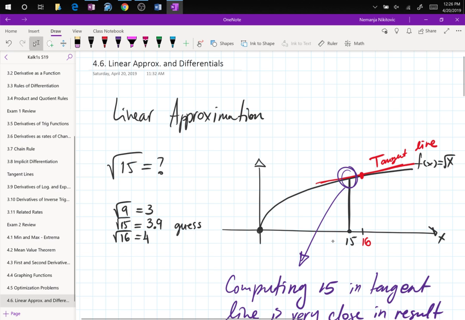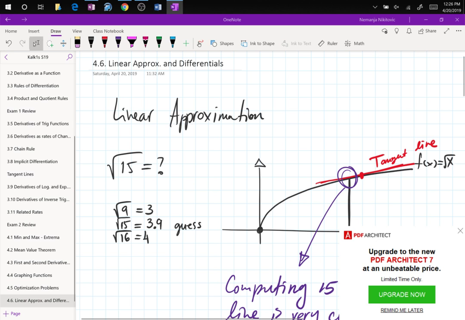So the numbers that you want to compute are not computed in the original function, but in a tangent line, and a tangent line is an easy calculation because it's a linear line. So that's the first part of the lecture: to approximate the y value of the function rather than compute it exactly.